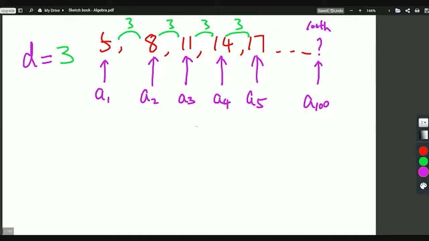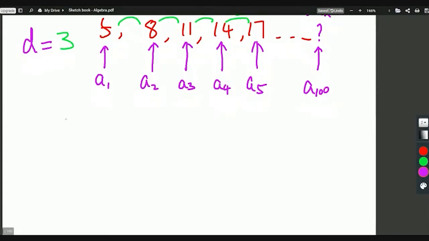And next, I'm going to write down our A1. Our A1 is 5. And what about A2? A2 is 8. But I'm not going to write it as 8. I say this is 5 plus 3, right? Because it starts from the previous term. It adds a common difference.